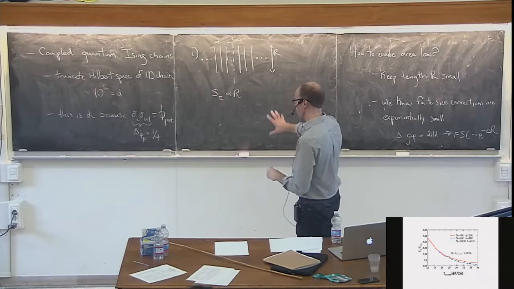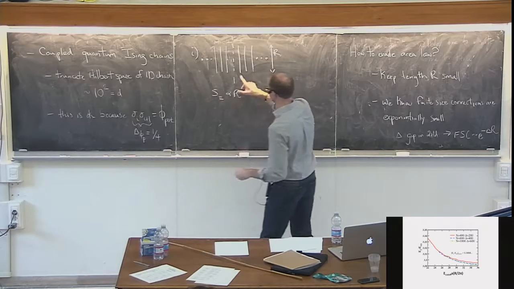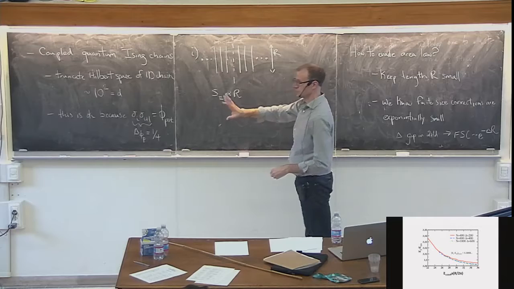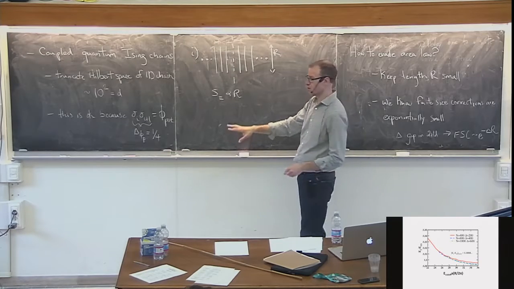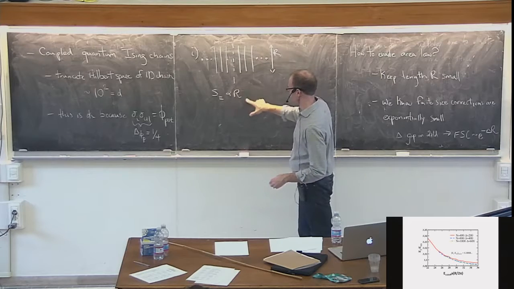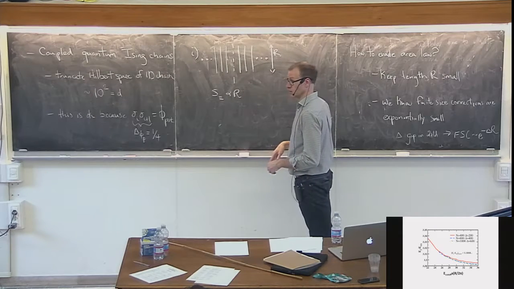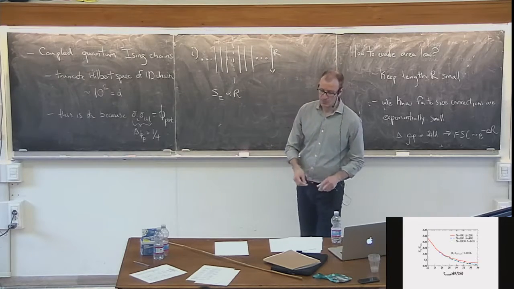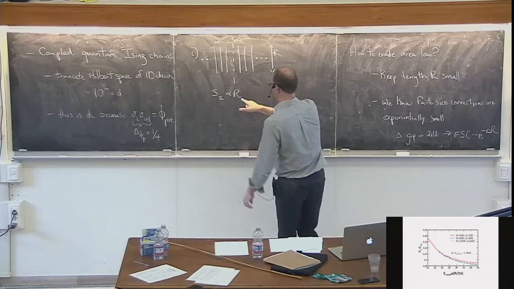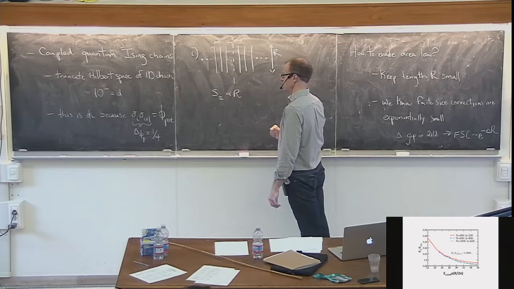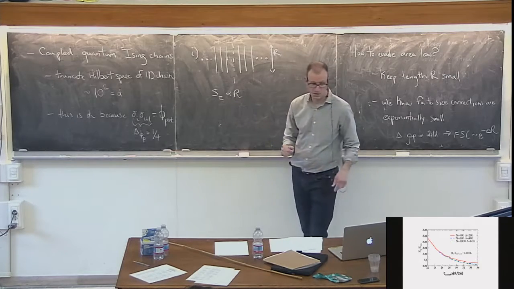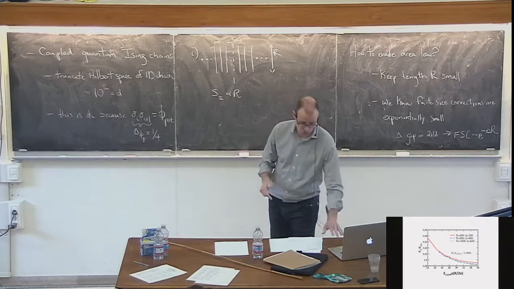Because remember, when you represent the chains in the MPS representation, the r is just buried in matrix elements. It just amounts to a rescaling of your coupling constant. So it's not clear, once you get your MPS representation and try to compute the entanglement entropy, whether you're going to get something that scales as r. But you do.